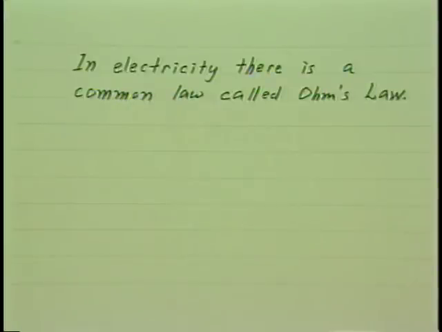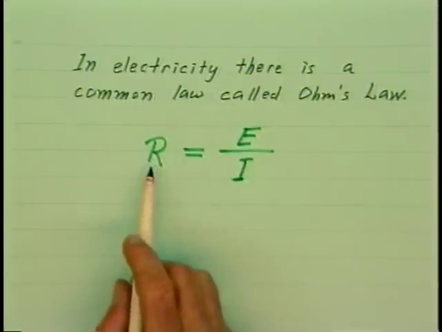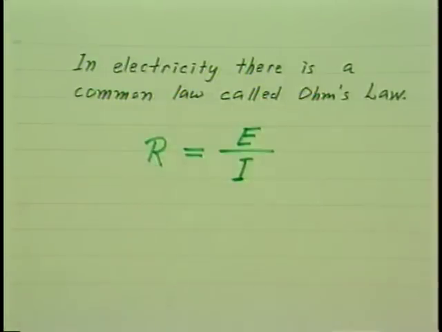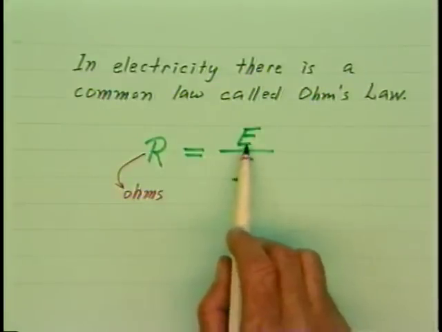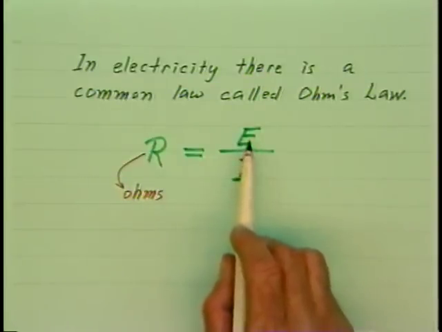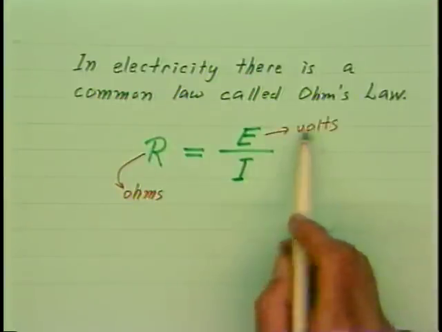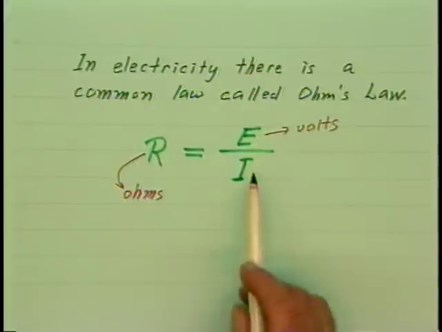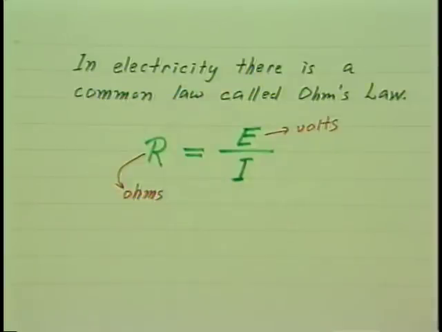It could be expressed algebraically in this formula, where R stands for something called resistance and is measured in a unit of measure called ohms, and E stands for electromotive force and is measured in a unit of measure called volts, and most people are familiar with that. And I is a measure of electrical current and is measured in a unit called amps.